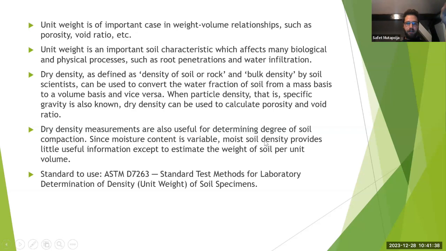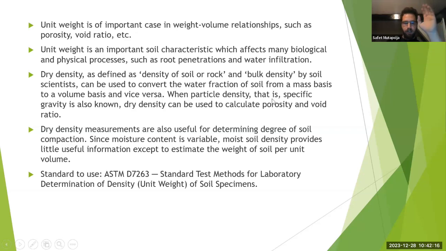Dry density, defined as the density of the soil or rock, and bulk density by soil scientists can be used to convert the water fraction of the soil from the mass basis to the volume basis and vice versa. When particle density, that is specific gravity, is also known, dry density can be used to calculate porosity and the void ratio. Sounds complicated. When it comes to porosity and void ratio, I know when you just look over it like this, it looks awful. But when you see the formula, it's going to be super simple.